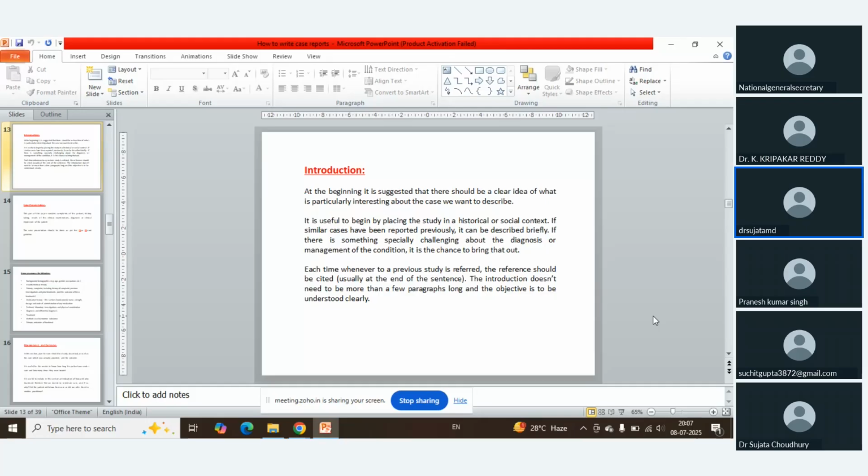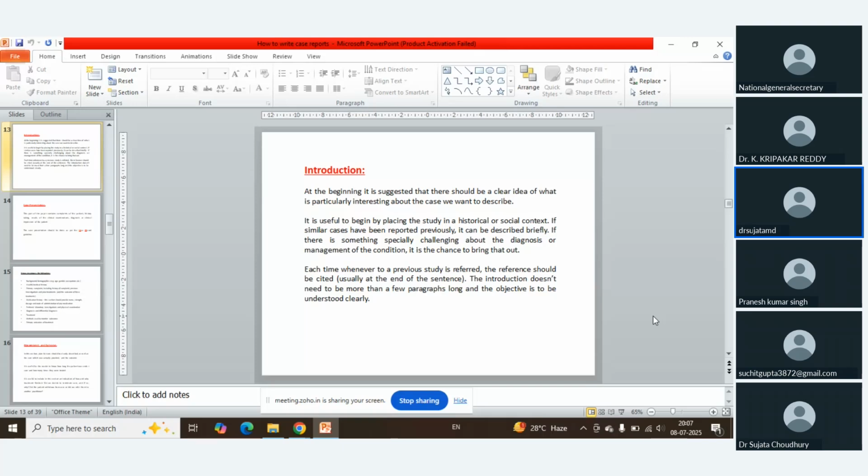It is useful to begin by placing a historical background, and if similar cases have been reported previously, as I told, any research work or case study already published on that topic. So we have to search and give a historical context. If there is something specially challenging about the diagnosis, we can mention that. Each time a previous study is referred to, the reference should be cited.